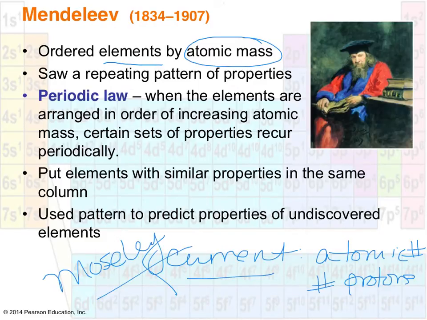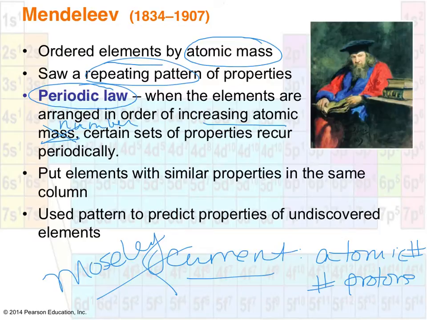Anyway, Mendeleev was the first one, so he gets a lot of credit for that. Because he saw the repeating pattern when he organized them by their properties, there came the periodic law, which says that when the elements are arranged in order of increasing atomic mass, today in order of increasing atomic number, some properties reoccur periodically.